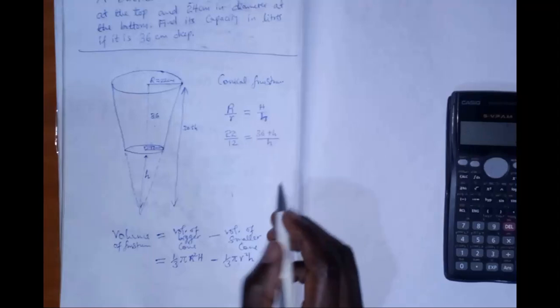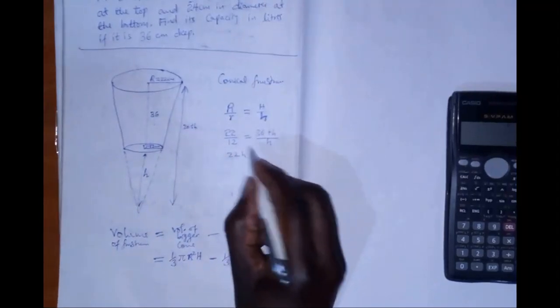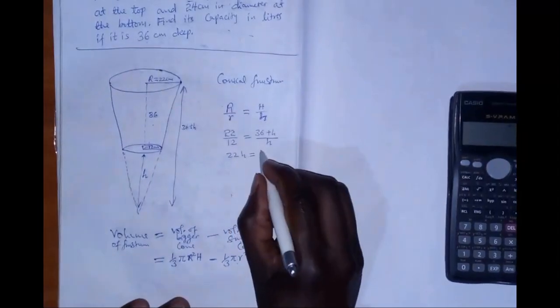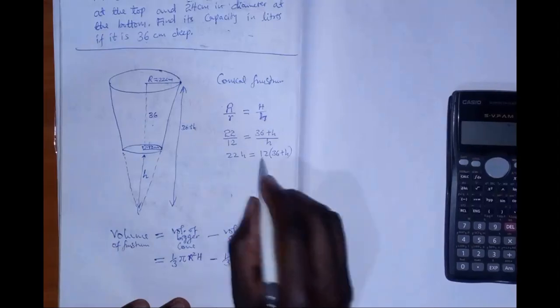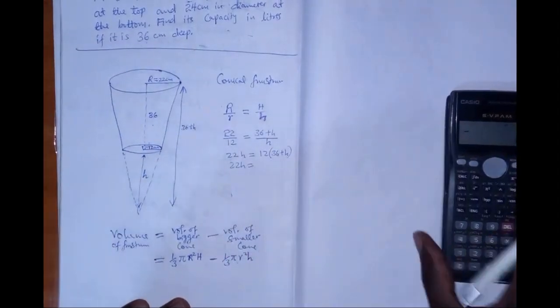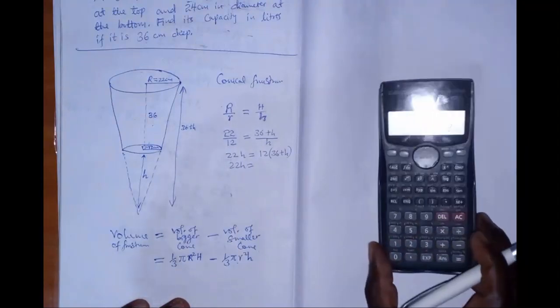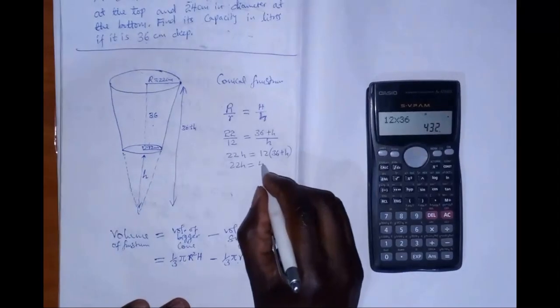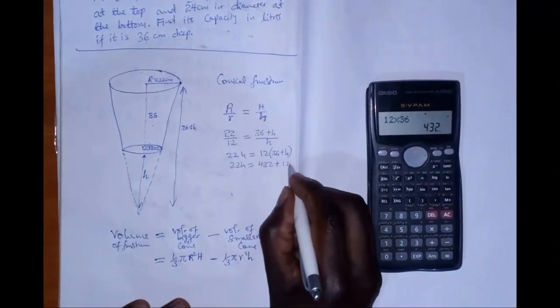So we cross multiply, we shall have 22h is equal to 12 multiplied by 36 plus h. So let us expand, we have 22h is equal to 12 times 36, we get 432, then plus 12 times h is 12h.